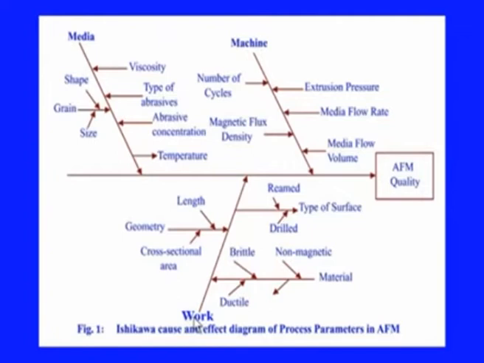For the workpiece, so many other parameters are there, like material, whether the material is brittle or ductile, then the geometry of the workpiece, then the length of the workpiece, cross sectional area of the workpiece, then whether the workpiece is reamed or drilled, this type of information, all this will affect the final quality of the surface that is being produced in the AFM.